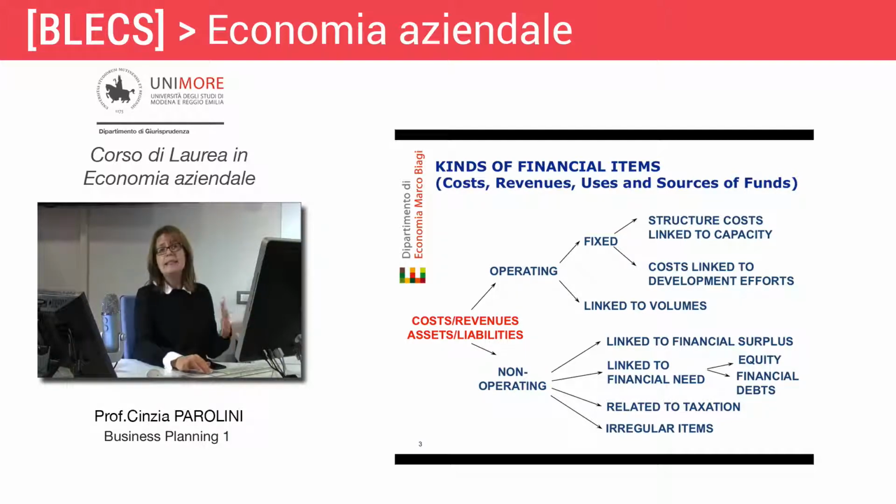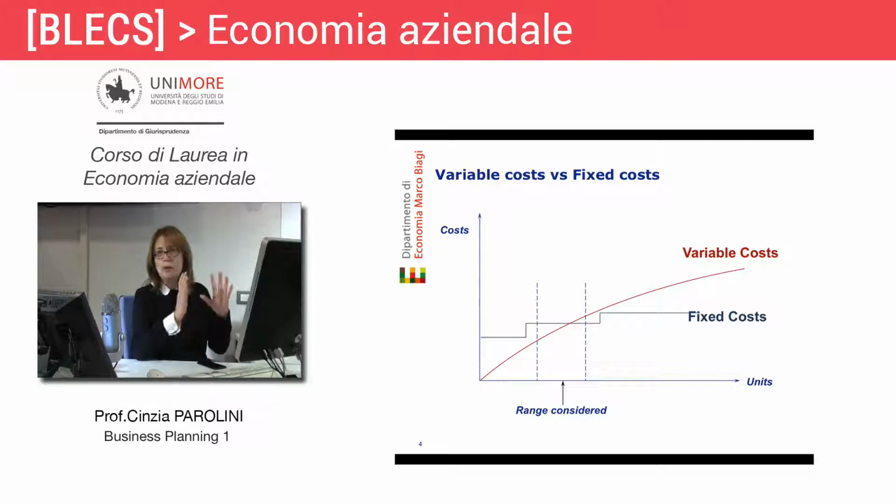Okay, let's give a picture which helps us in understanding the difference between fixed items and variable items. And let's focus in particular on costs. Variable costs are linked to volume.